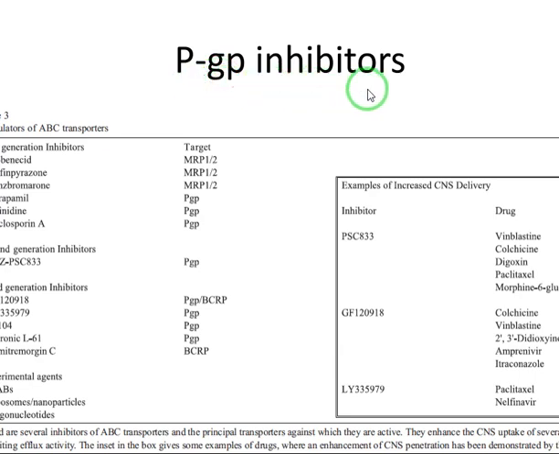If we use inhibitors, we make the blood-brain barrier permeable to any kind of molecules. So toxic molecules, anything hazardous for the brain, can also enter the brain. So we have to be careful when using these PGP inhibitors.